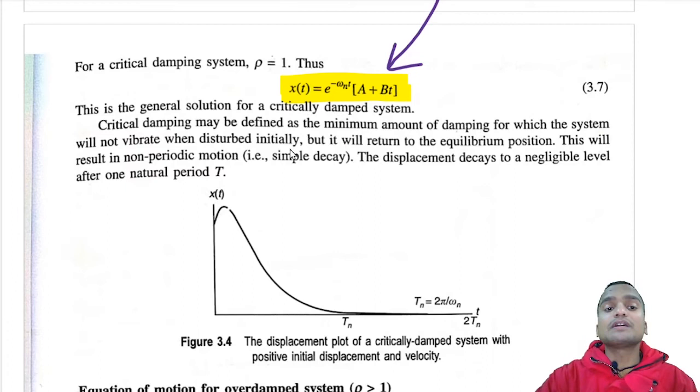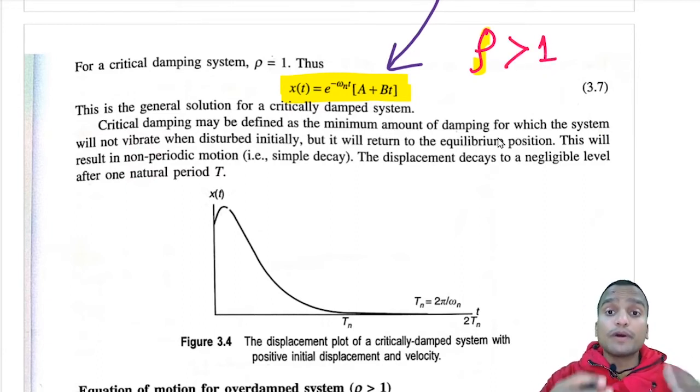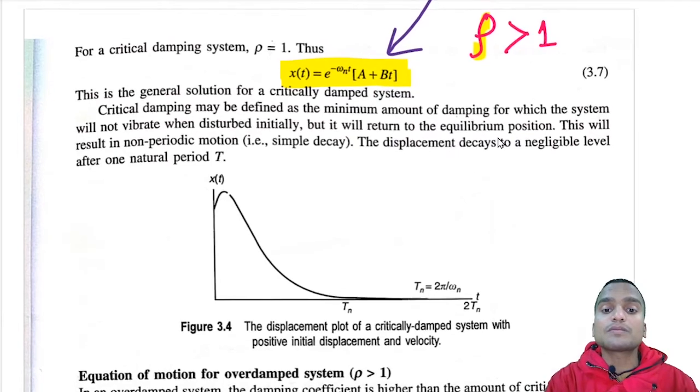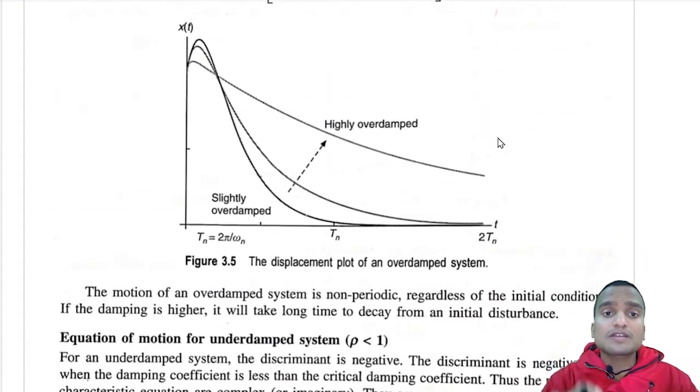So over critical damping, what happens if we increase the value of rho greater than 1? It will become an over damped system, and that we will discuss also. In an over damped system also, there will be no as such vibration or oscillation.